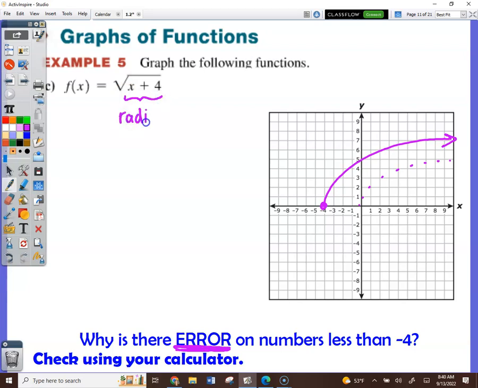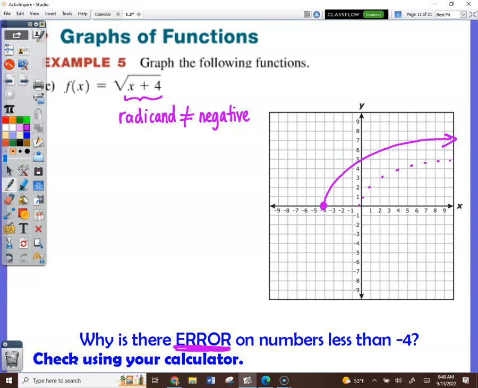You may recall that vocab word from geometry or algebra 1. It's called the radicand. The D on the end is silent. It's not radidont, it's radicand. It cannot be negative. The radicand cannot be negative, okay?